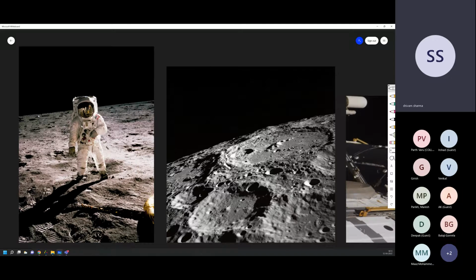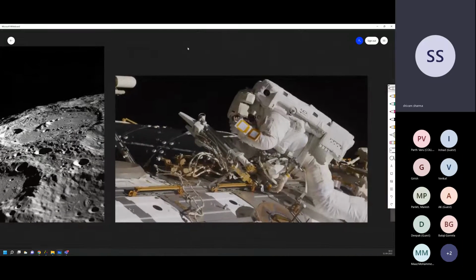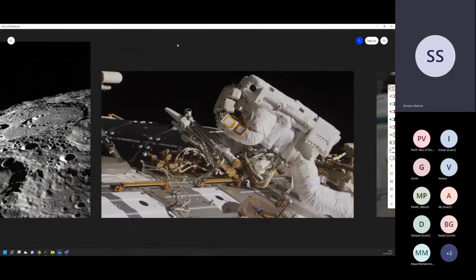If you think about this astronaut, you already know there is a lot of footage available. You can look up footage on any video indexing website about the space walks they do. The astronauts come out of the space station and have to repair various modules, install modules, and so on.